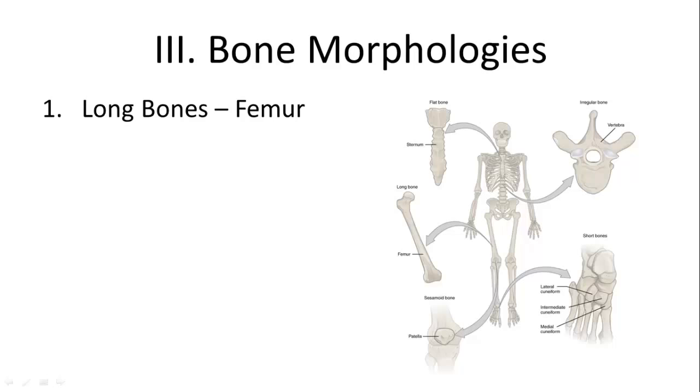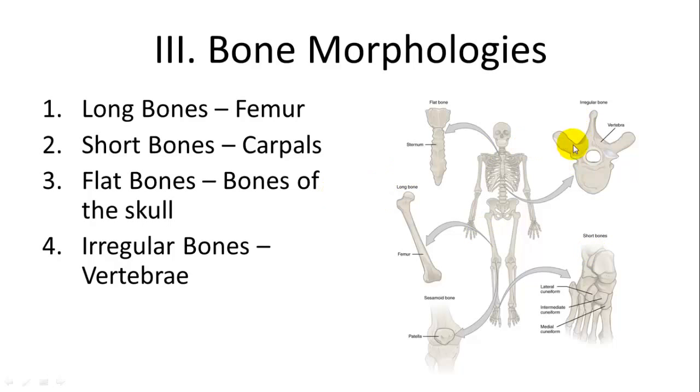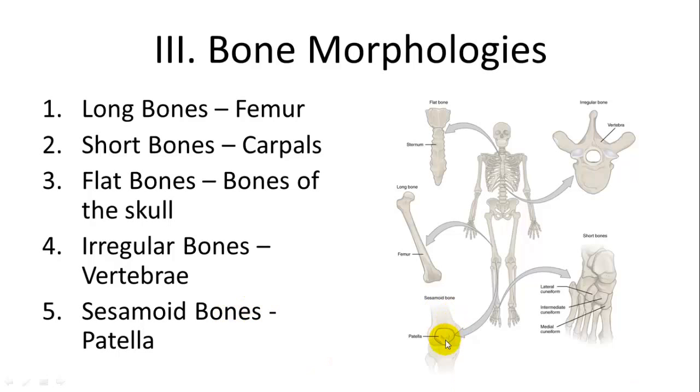They are long. Short bones, such as the carpals, these are bones within the hands or feet. Flat bones, which are like the bones of the skull. Irregular bones, such as the vertebrae, they have all sorts of different shapes. And sesamoid bones, such as the patella.